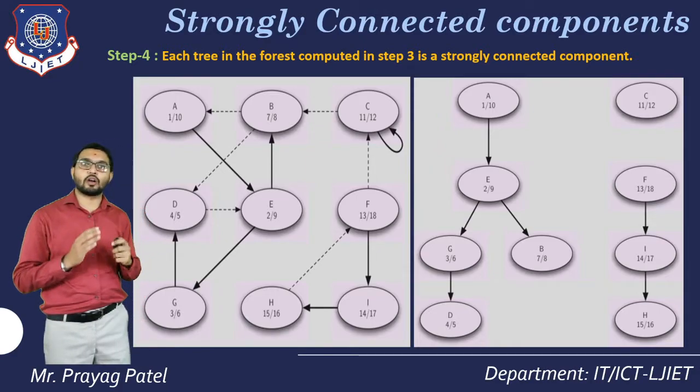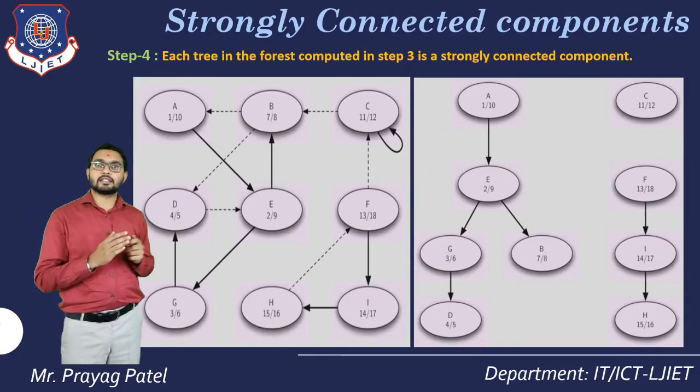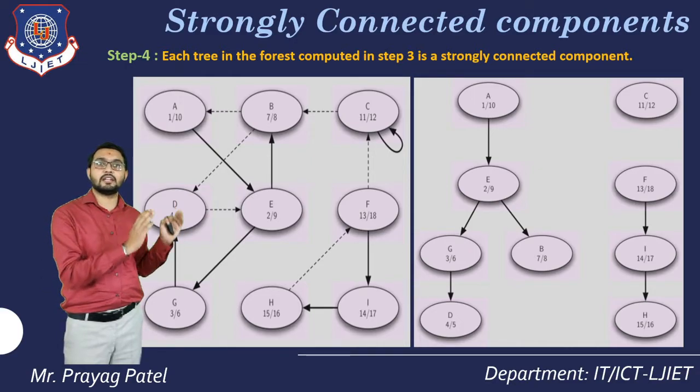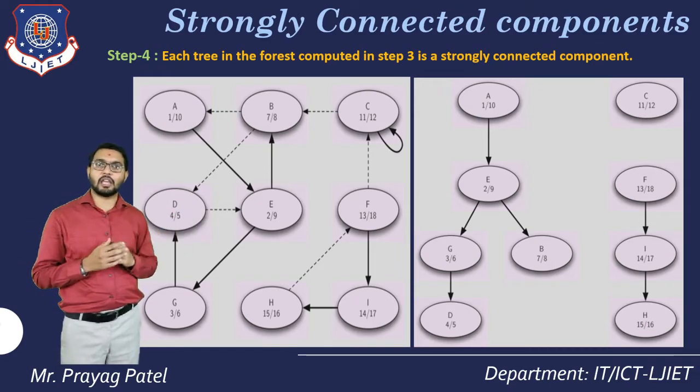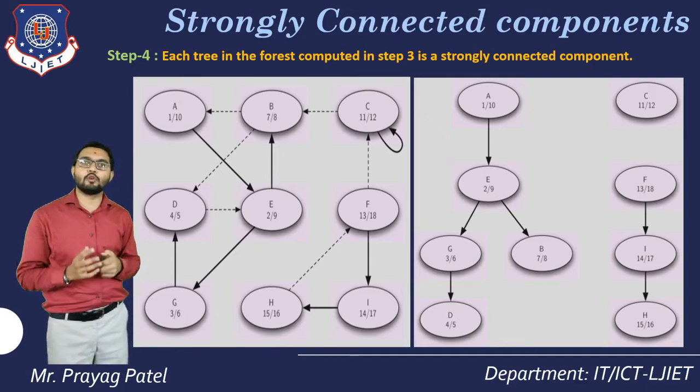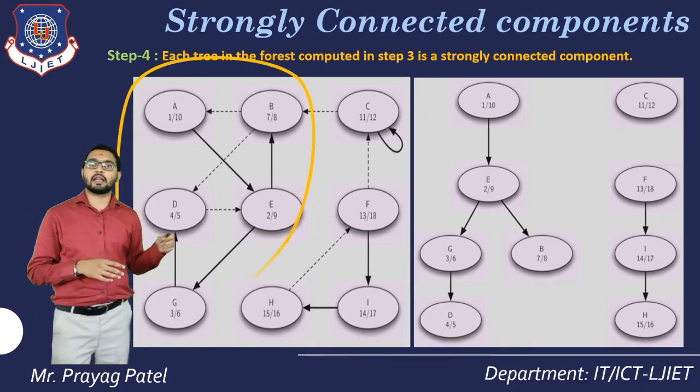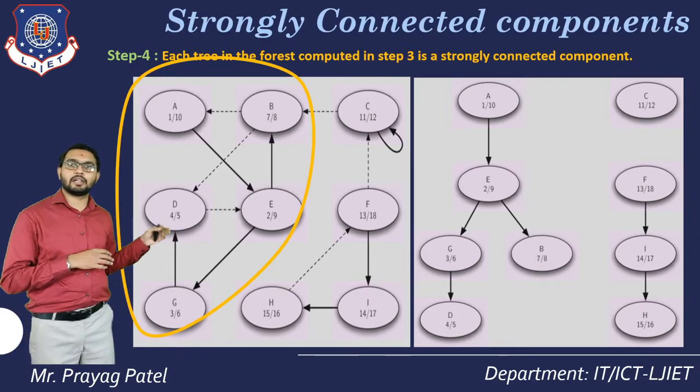Now consider the strongly connected components. In this sequence we can say that each different tree is considered as a strongly connected component. So your first tree is A, E, G, B and D. These 5 nodes are considered as the first strongly connected component, shown in the yellow shaded line.